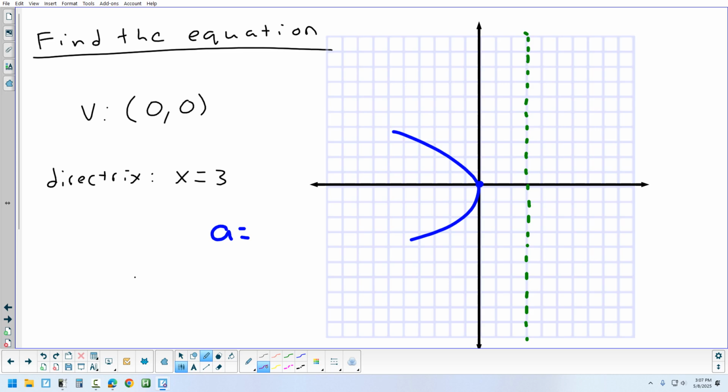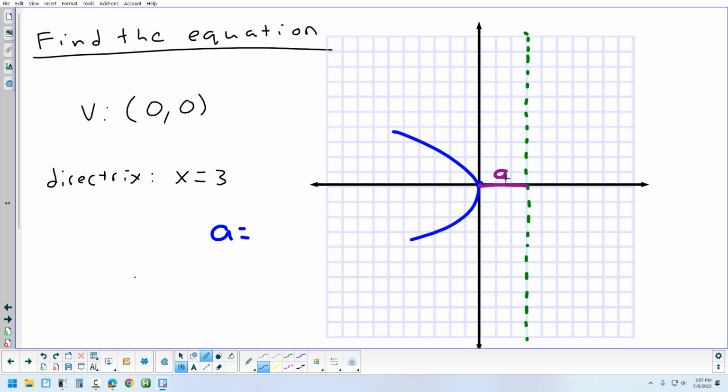It's the same amount as the directrix in terms of magnitude, but in the opposite direction from the vertex. So the distance from the vertex to the directrix. Yep, that's one way we can define a.